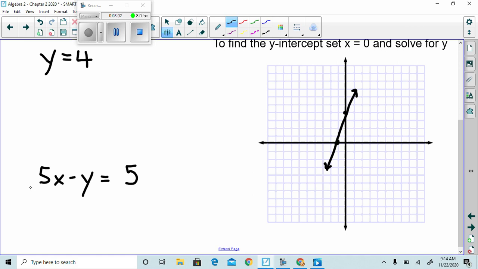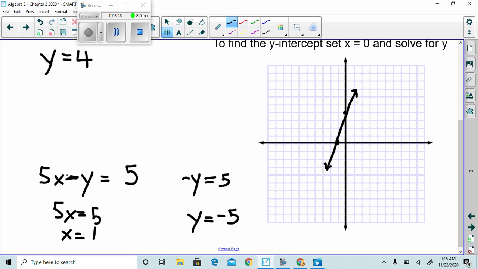Well, if I solve for x, 5x is equal to 5, so x is equal to 1. But when I solve for y and x is equal to 0, I'm going to get -y is equal to 5. So I'll use that property of opposites, or divide by -1, and we'll get the opposite. So always be careful because this sign in between said I had a -y.